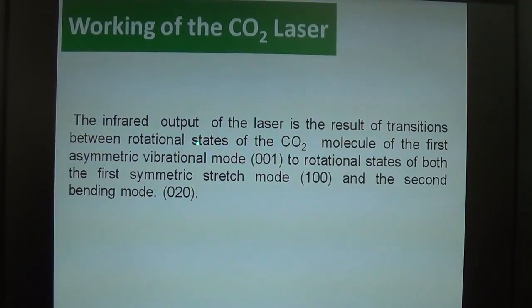Right, so the infrared output of the laser is the result of transitions between rotational states of the CO2 molecules, of the first asymmetric vibrational mode, that is represented by 001, to the two different rotational states of both. The first symmetric, that is denoted by 100, and the second is 020. Basically this is the code for a particular vibrational or rotational state.